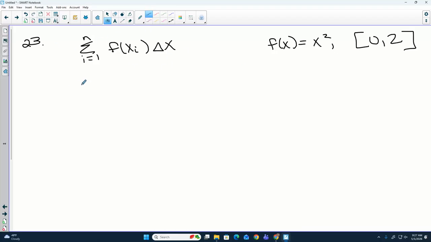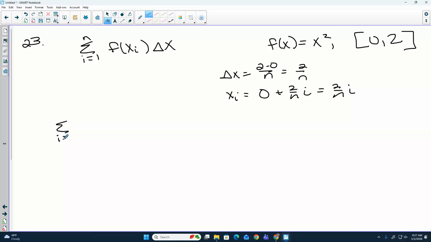All right, so we need our change in x. That's ending minus beginning divided by the number of rectangles, so that's 2 over n. We need our x sub i, so that's our starting point plus the change in x times i, the number of times you've used it. So that's 2 over n times i.